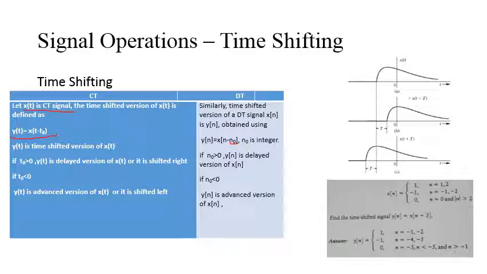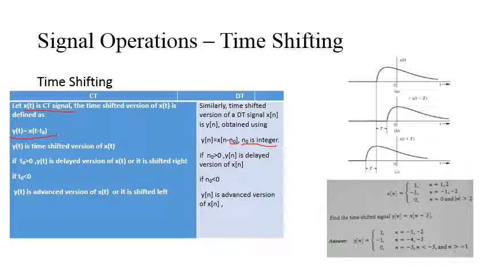I mean, it's a real value. Real value means it can have 0.1, 0.2, minus 0.1, plus 0.1, and so on. But in case of the discrete time signal, you understand discrete time signal is defined only at discrete intervals of time. So n naught should be an integer, in fact must be an integer, right? It cannot have real values.